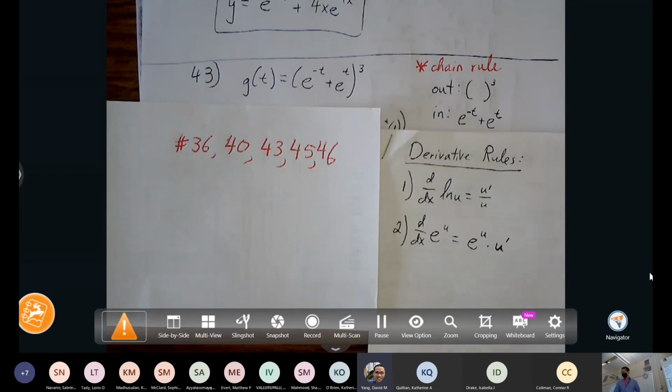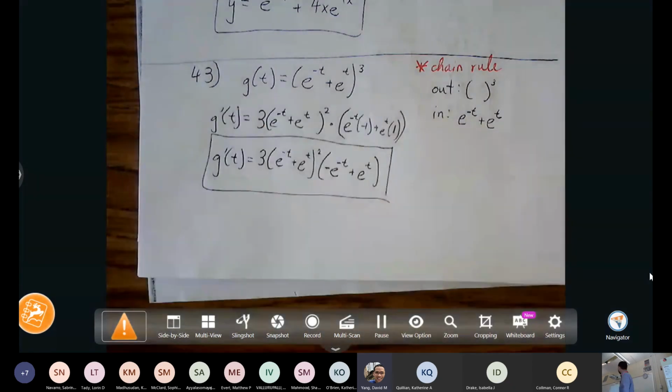Okay, here's 43. We have the outside derivative, which is 3 parentheses squared, right? We're just treating this like a power rule, treating the parentheses as its own variable. And then in a separate space, we'll take the derivative of each of these separately.